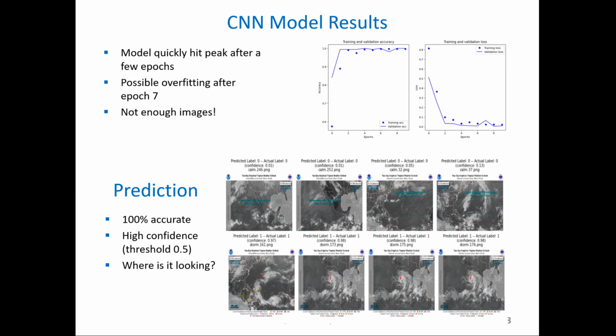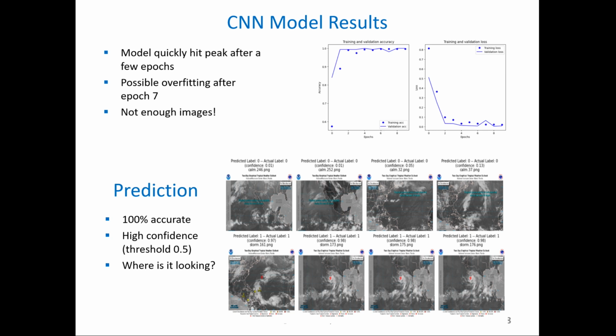Nonetheless, we went and predicted the model, and it was 100% accurate. So the predictions really reflected how well the model's trained and the validation accuracy within the training. The confidence threshold was a percentage that the prediction returns.